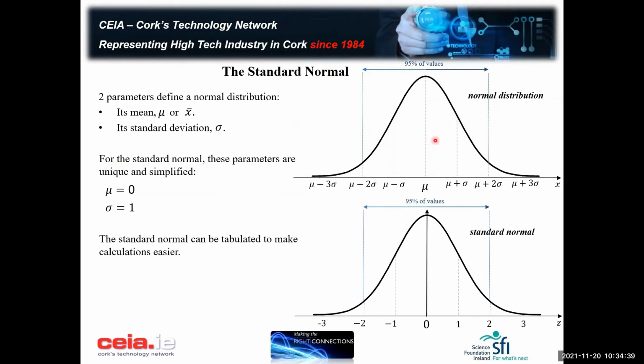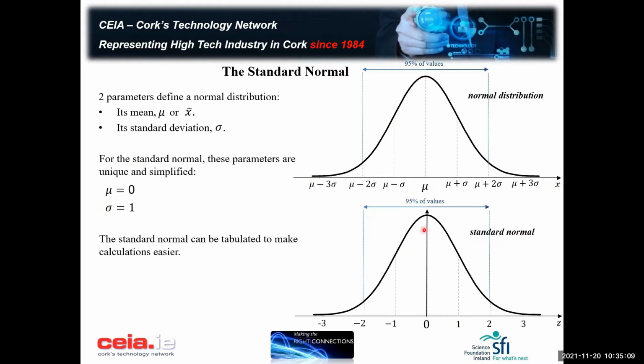A particular case then is the standard normal, when you set mu to 0 and you set the standard deviation to 1. This is a standard normal. And when you express it as a standard normal, instead of an x variable, you talk about a z variable, which is sometimes called a z-score, or in the case of sample data, it's called a test statistic.